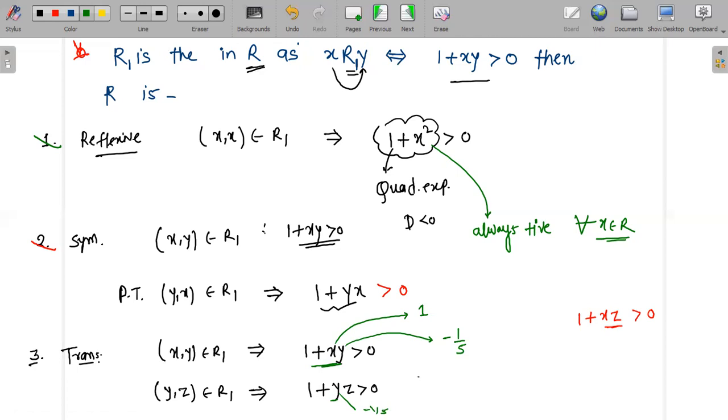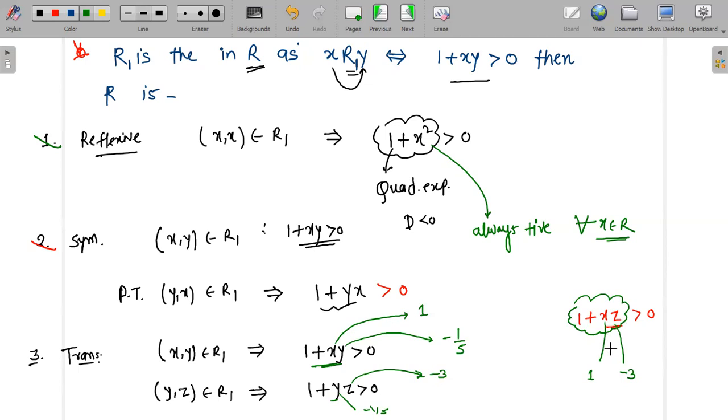So if I'm taking my value of z as negative 3, then 1 plus negative 3 times negative 1 by 5 is still positive. But the moment I put the value of x, which is 1, and z, which is negative 3, this 1 plus xz will give me a negative response.